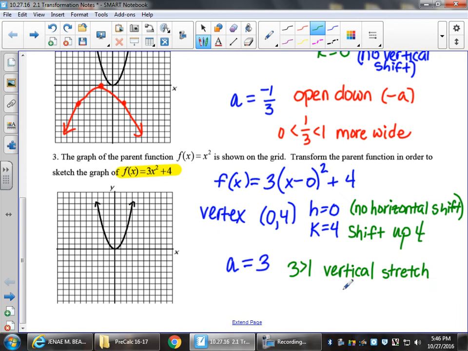So let's see what this is going to look like. First, we'll account for the vertex shift. Starting at 0, 0, no horizontal shift. So no shift left, no shift right. Straight up, 1, 2, 3, 4. And again, visualize standing up after sitting a long time, and you stretch up.